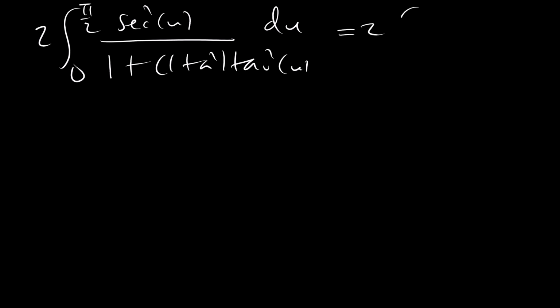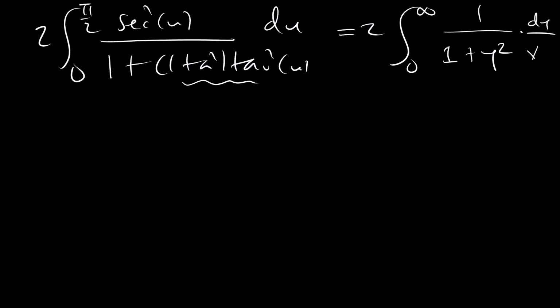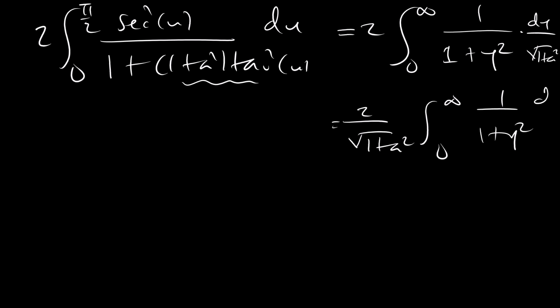Right? So now twice the integral from 0 to pi over 2 of sec squared u over 1 plus a squared tan squared u du is equal to twice the integral from 0 to infinity of 1 over 1 plus y squared, and then we have dy over the square root of 1 plus a squared. Okay, so this is the same as twice over the square root of 1 plus a squared times the integral from 0 to infinity of 1 over 1 plus y squared dy.